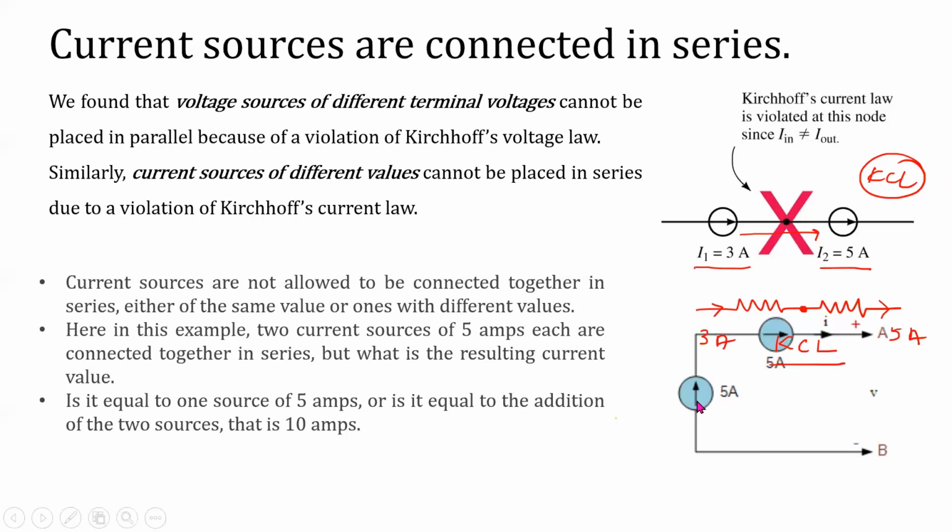As a result, there is simply a waste of a resource. Okay, so what is the conclusion here? Do not connect voltage sources in parallel. Do not connect current sources in series. All right, these two are the conclusions here.